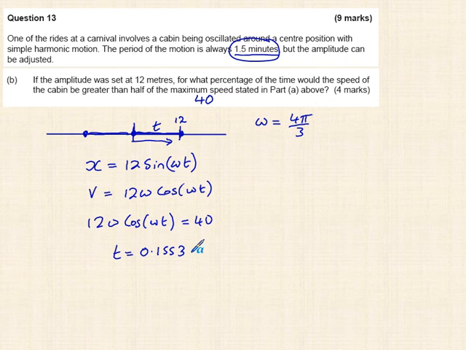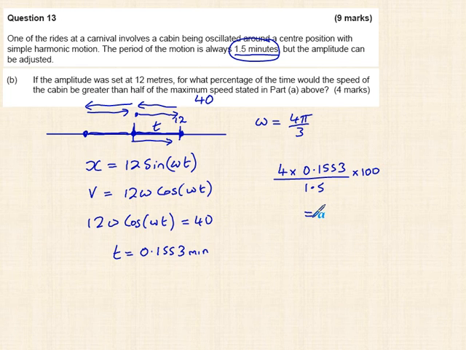Now remember, that's just the time for it to go from the center to here, and it's going to be in that part of the motion 4 times in one oscillation. So we need to do 4 times the 0.1553 divided by the entire period, and then just multiply by 100 to turn it into a percentage.